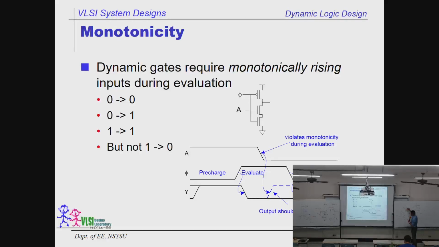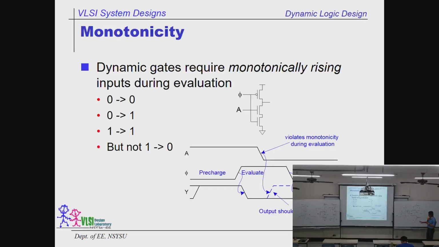This is off. This is on now. So at the beginning A is 0. That's fine because it's a block. The 1 stays there. But when A is pulled high, then the 1 over here will be discharged because this one is on. So when A changes from 0 to 1, Y will drop from 1 to 0. No problem at all.